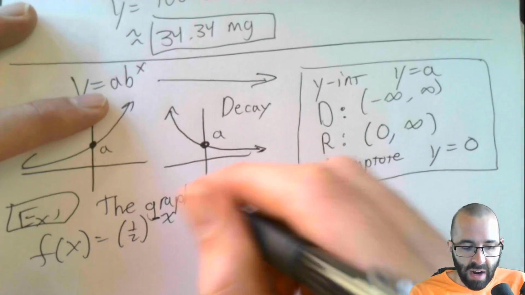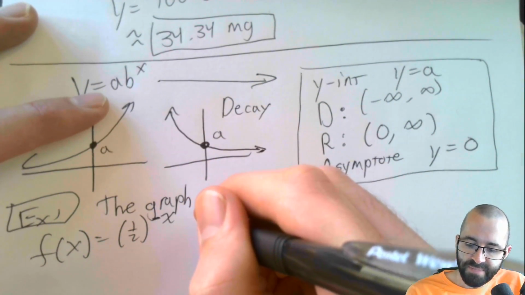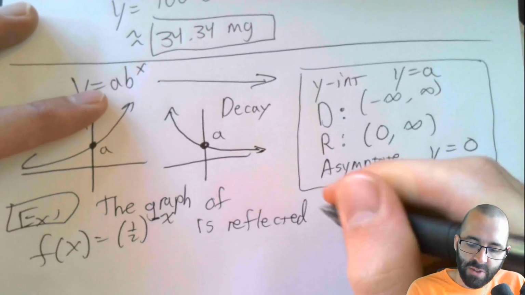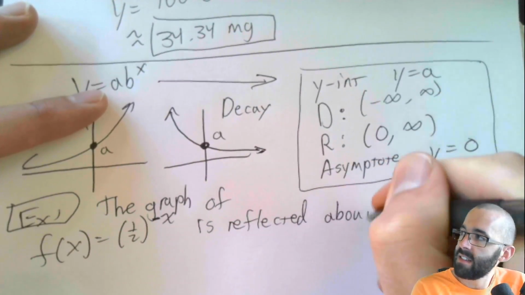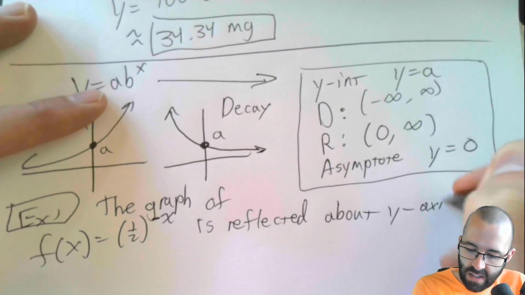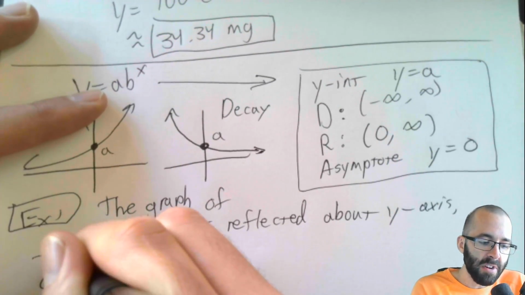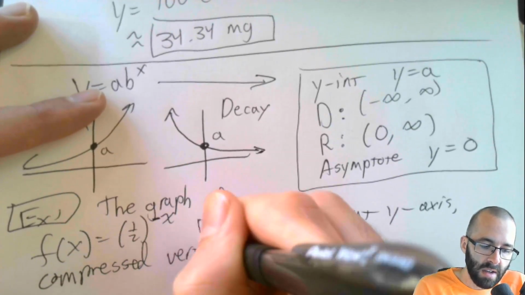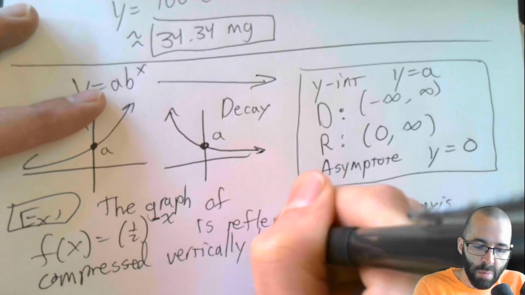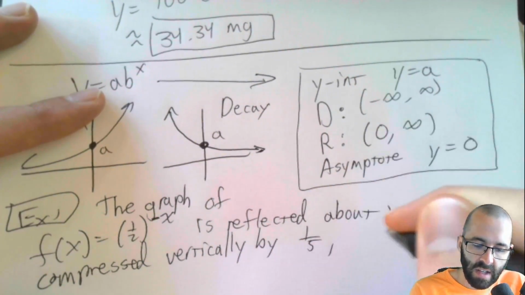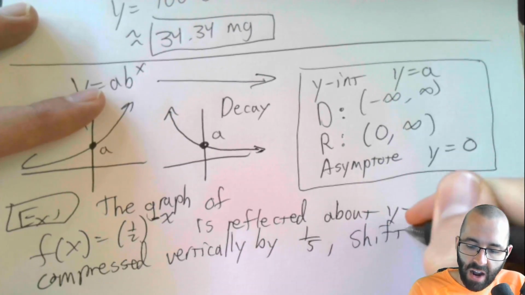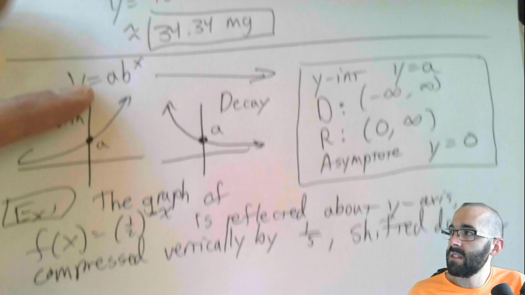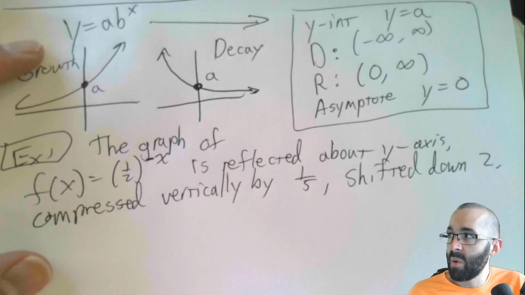But anyway, the graph of this function f is reflected, oh yeah, function transformations, is reflected about the y-axis, compressed vertically by 1/5 and shifted down 2 units. So a lot is going on here.